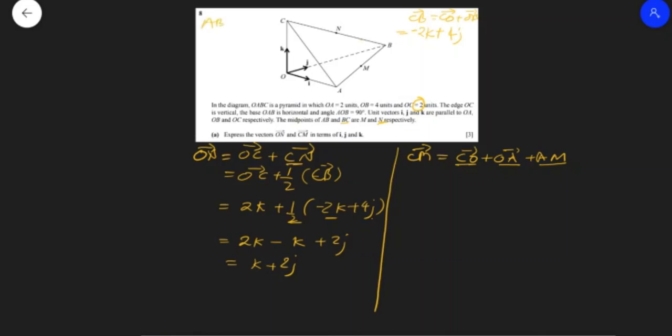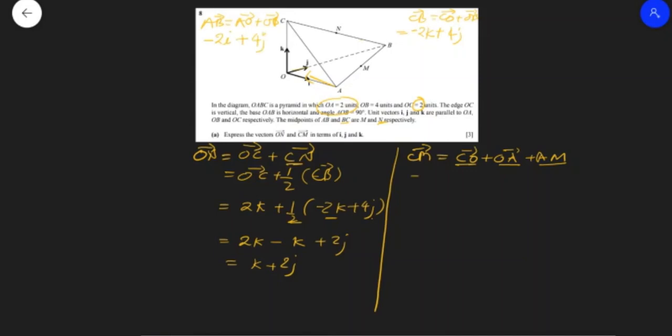Let's write AB, which will be A to O and then plus OB. That will be AB, right? So AO is this way, and it is 2 units again. So it will be minus 2I, and then we can go 4J in this direction. 4J, that is AB. All right.